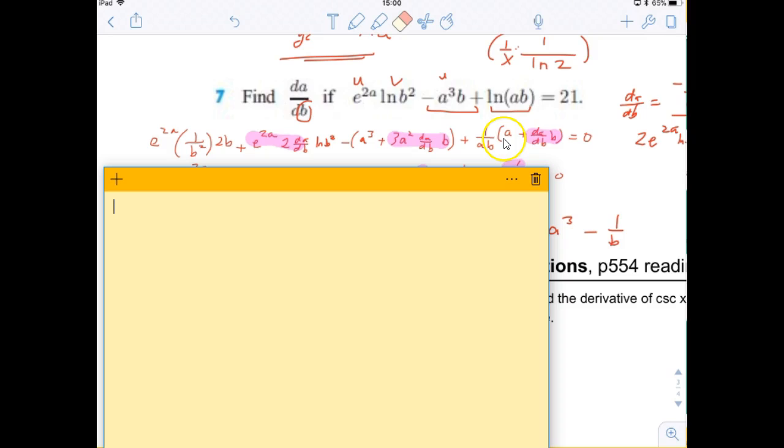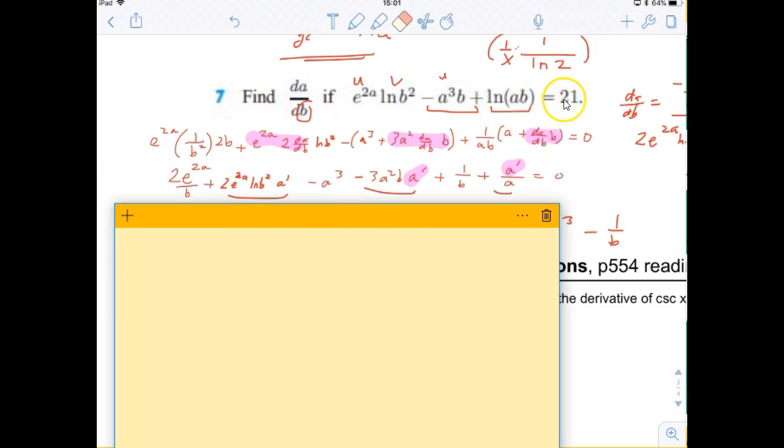So it would be u, which is a, times v dashed, which is just 1 because the derivative of b with respect to b is 1, plus the derivative of u, which is da/db, and then we multiply it times v, which is b. Last of all, we take the derivative of 21, which is 0, right?